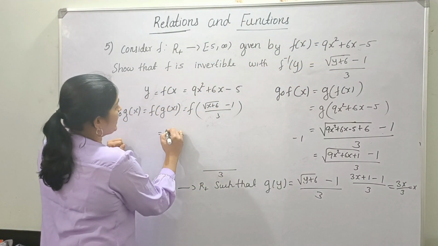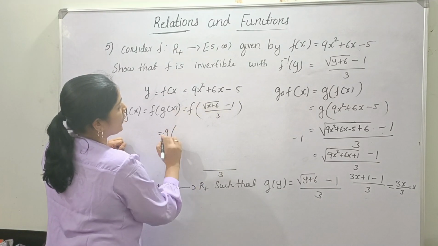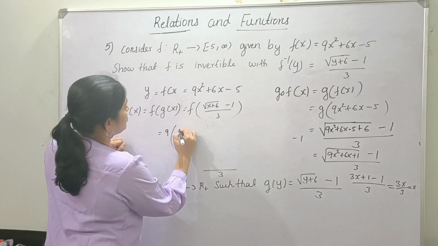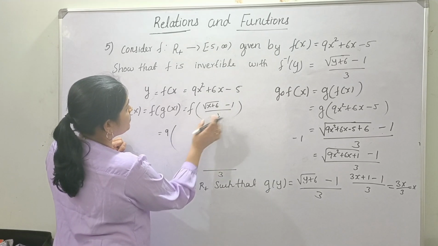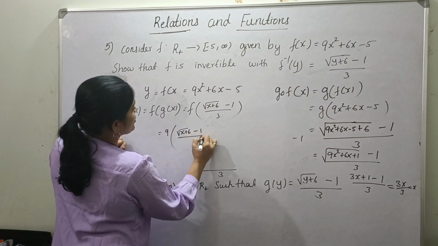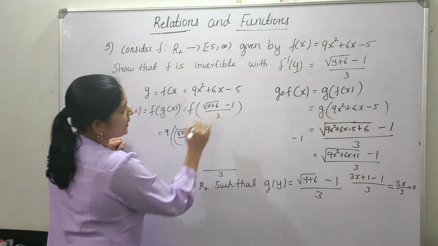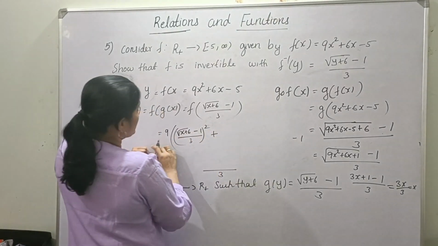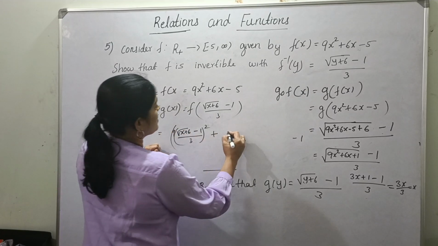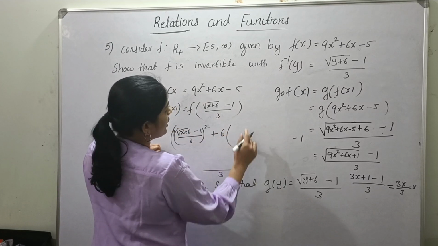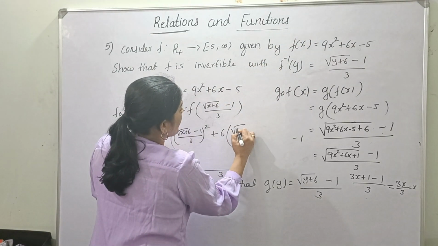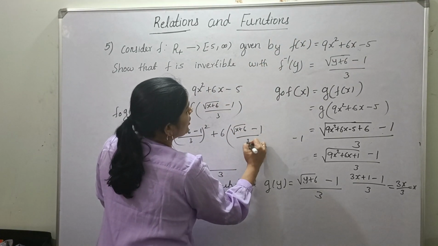Okay, that is 9 into its square. So 9 into ((square root of x plus 6 minus 1) by 3) whole square, plus 6 into, here also in place of x we should substitute this expression, (root x plus 6 minus 1) divided by 3.